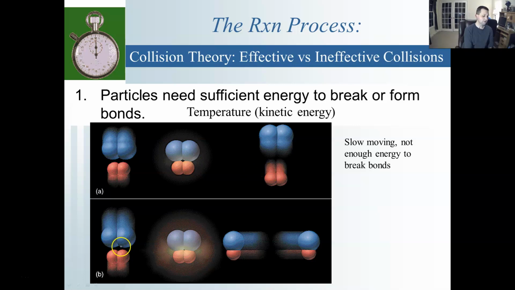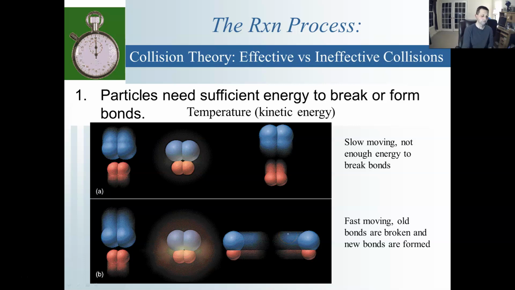Look at letter B though, the picture underneath. Looks like we're moving at a faster rate, so we're at a more sufficient kinetic energy or temperature here. These two molecules are colliding, and you can see that the bonds are clearly broken and then reformed, and we have, it looks like, two molecules of HI being formed here.